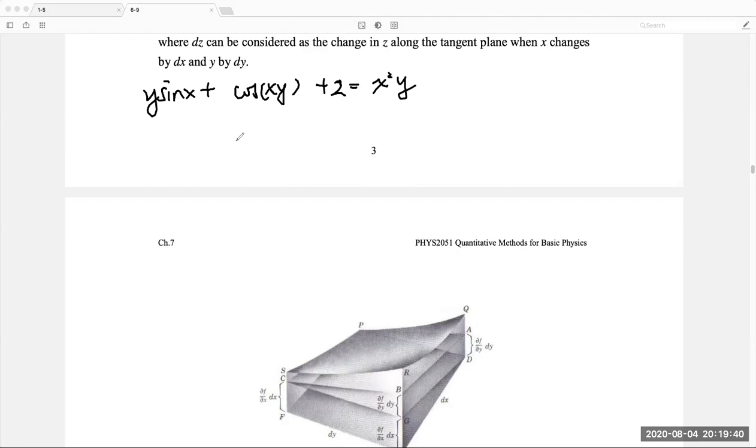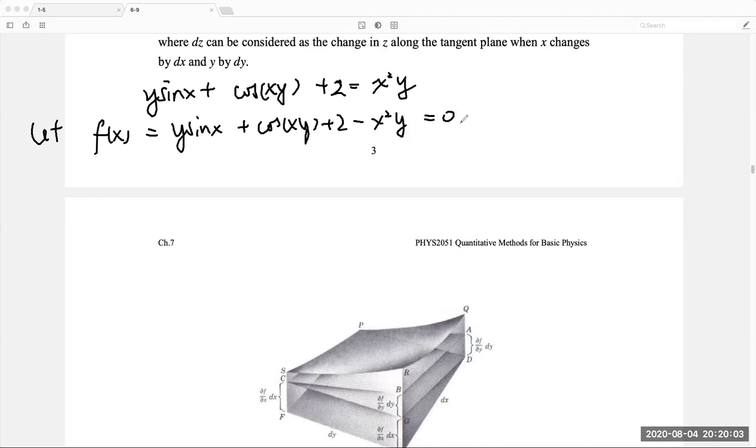So I just make up the equation. Let's define f(x, y) to be the form like this one. So f will be equal to 0, or what I do is minus x squared y here, or a constant, okay? Either 0 or constant. Sorry, this is f(x, y).